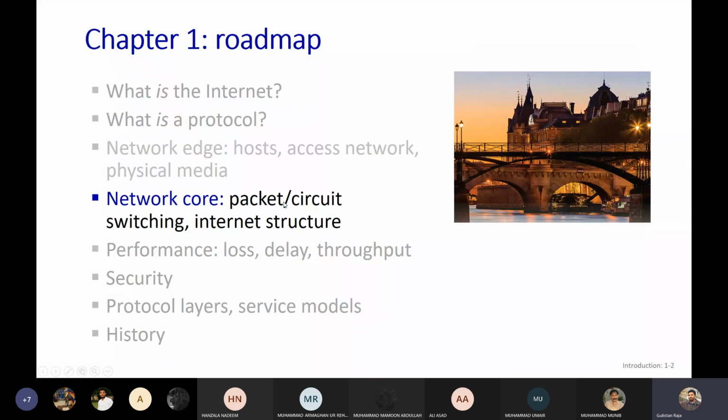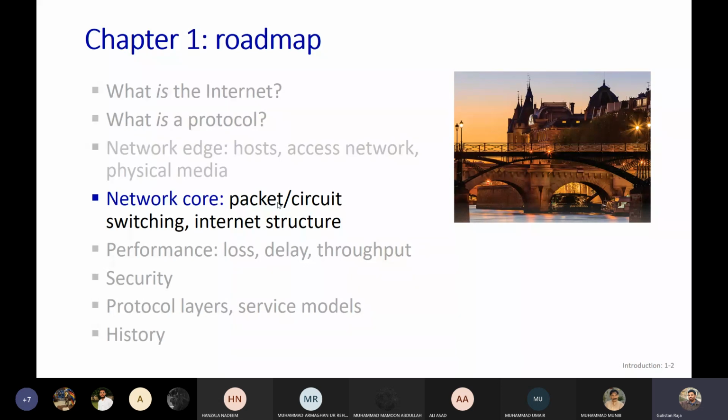So, if you recall that last lecture, we started with chapter 1, and basically we studied what is the internet, what is a protocol, and what is the network edge. And these are the details which we studied.